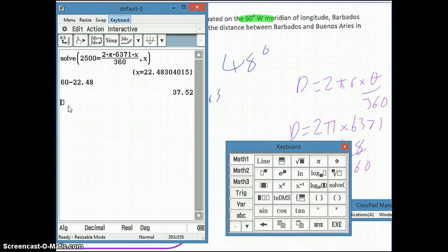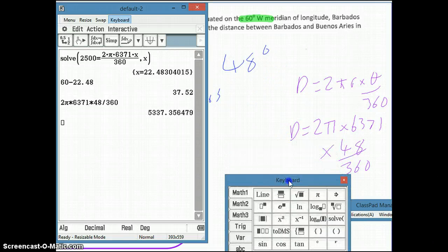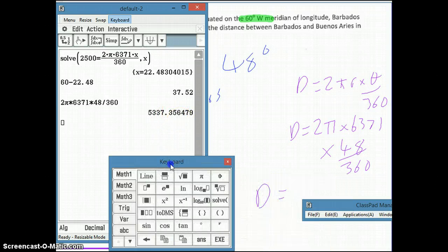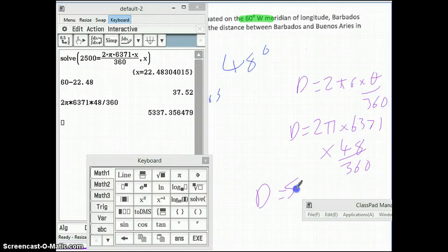So 5,337.35. 5,337.36 rather kilometres. Make sure you write your final answer, and again, always include units, so it's in kilometres.